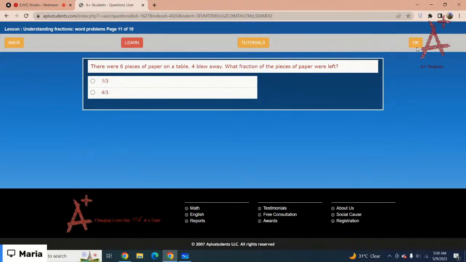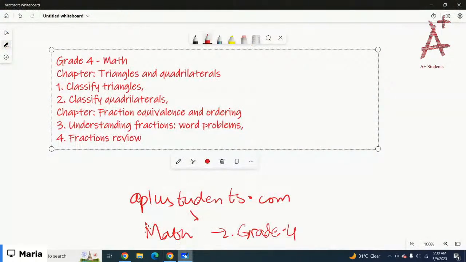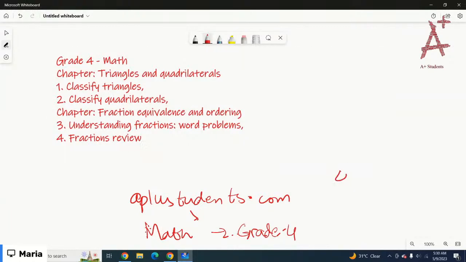1 over 3, 4 over 6. No, no, no. It would be either 2 over 3 or 4 over 6. This isn't the correct option. Got it? 4 over 6, when you divide by the common factor 2, 2 times 2 is 4 and 2 times 3 is 6.